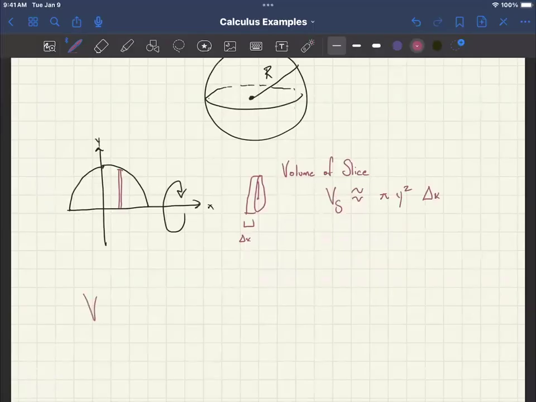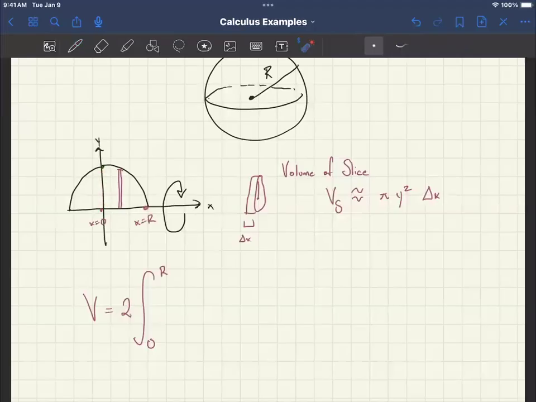So the total volume for our sphere, now instead of doing the whole thing, I'm just going to do from 0 to r, and I'm going to multiply it. So x equal to 0 is right there. x equal to r, and you'll see the volume on this side of our sphere is going to be the same as the volume on the second side, on the back side.